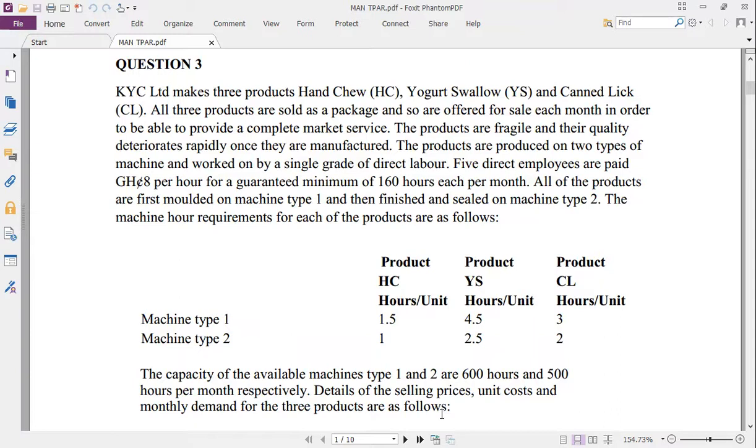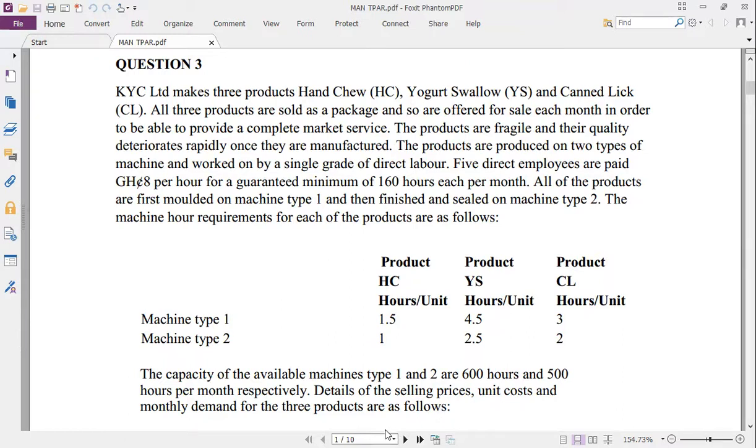The products are produced on 2 types of machine and worked on by a single grade of direct labor. 5 direct employees are paid 8 Ghana cedis per hour for a guaranteed minimum of 160 hours each month. All of the products are first molded on machine type 1 and then finished and sealed on machine type 2. The machine hour requirements for each of the products are as follows.